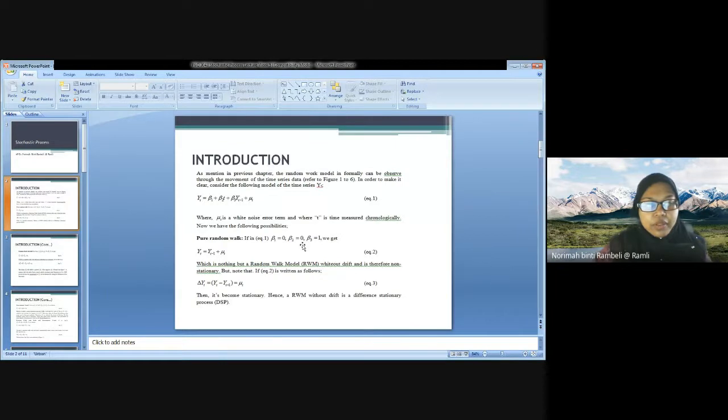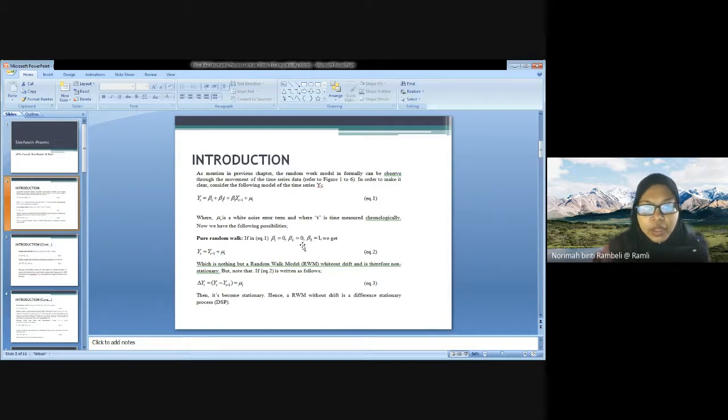Let's go to the first slide. As mentioned in the previous chapter, if you already have the module, you can go to the analysis trending chapter, which is chapter 1. There you can see the fluctuation of the graph, and actually we have two kinds of graph. Mainly deterministic, which we learned last semester, and this semester we focus more on the stochastic process.